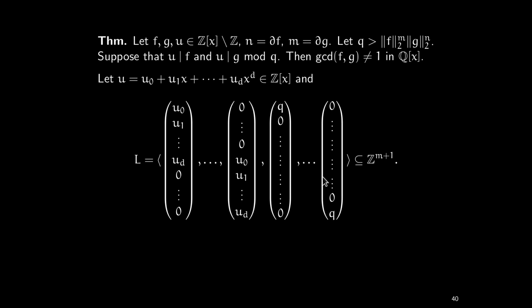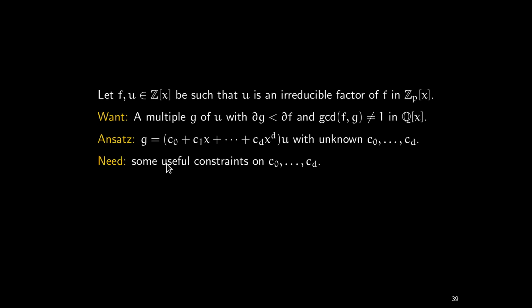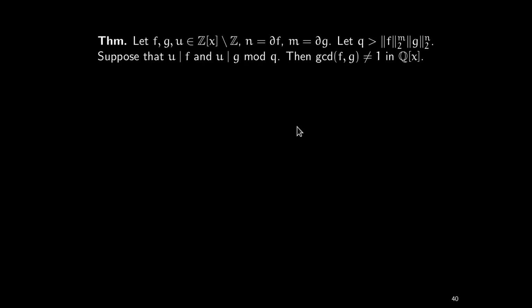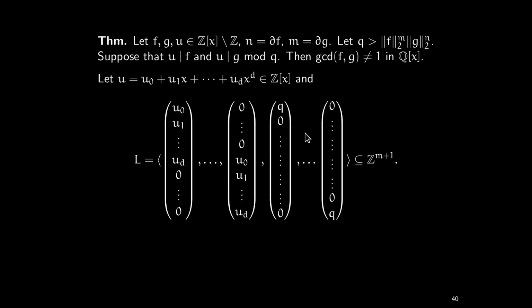So you add these vectors here, and then you get a lattice, and this lattice will necessarily contain the coefficient vector of every such g, every g that is written in this form. What we want is a g that has a common factor with f, and we can ensure that this appears if we make q large enough because of this choice.